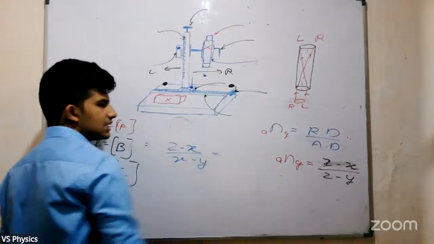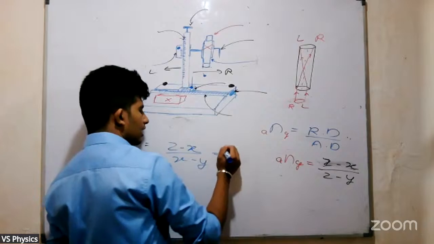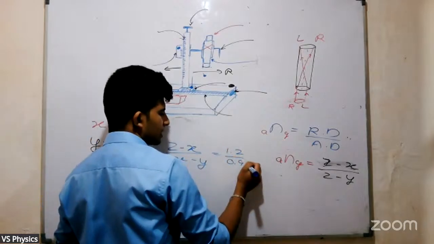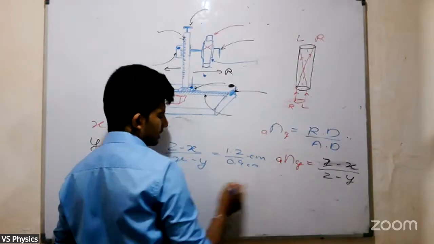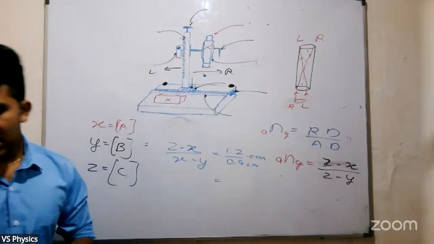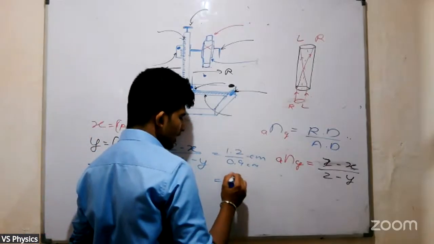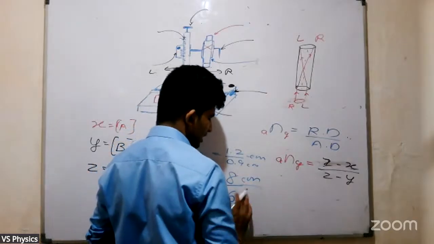This value can be 1.2 or 0.9 centimeters. Or we can use something like 8 centimeters over 6 centimeters.